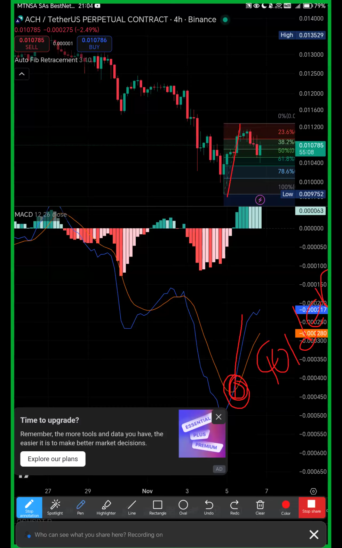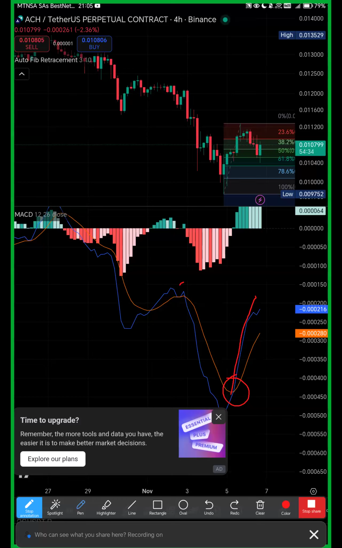Or you can say the trend of the market has changed. It was a downtrend, now it is an uptrend. When a golden cross happens, it signifies rising of price. It means more buyers are coming into the market to push the price to the top.